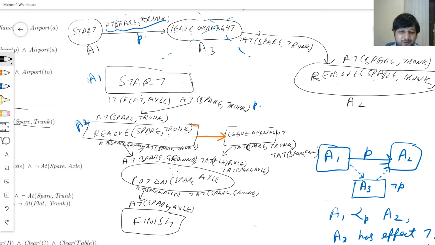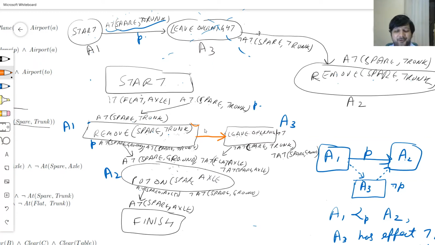Just to let you know the new nomenclature: this is A1, this is A2, this is P, and this is the threat A3, and this is already confirmed, so I'll take it as a confirmed link.